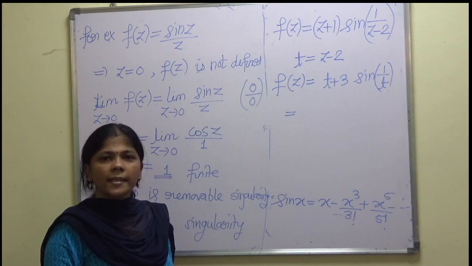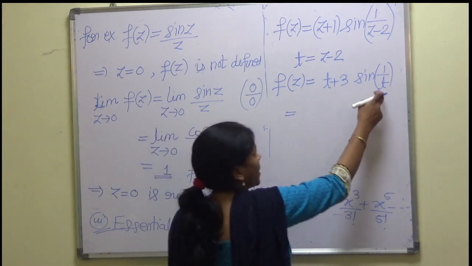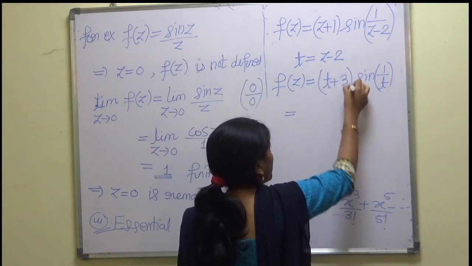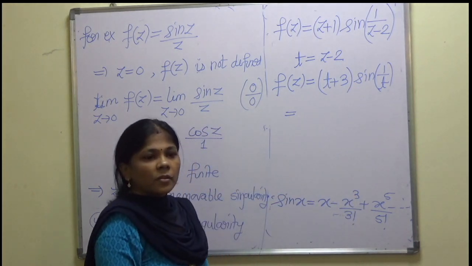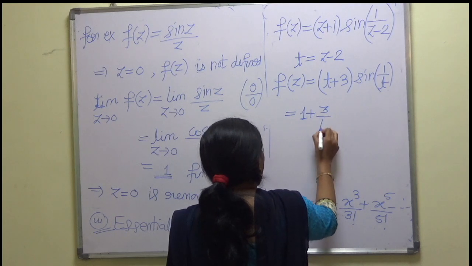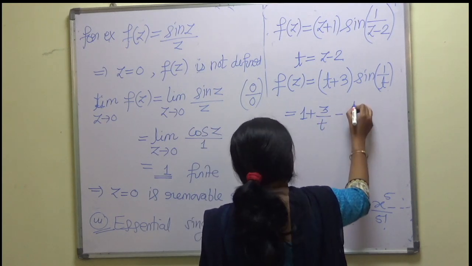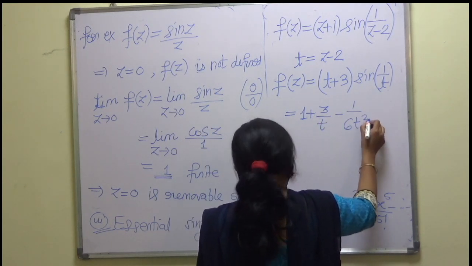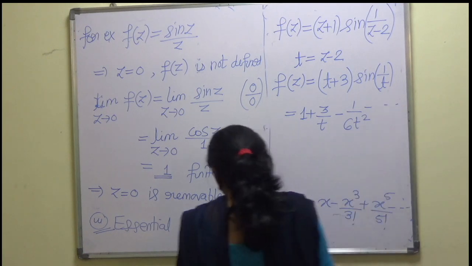This is the sine series. Put x as 1 by t over here and multiply it completely with t plus 3. What will you get? You will get 1 plus 3 by t minus 1 upon 6 t square and so on.